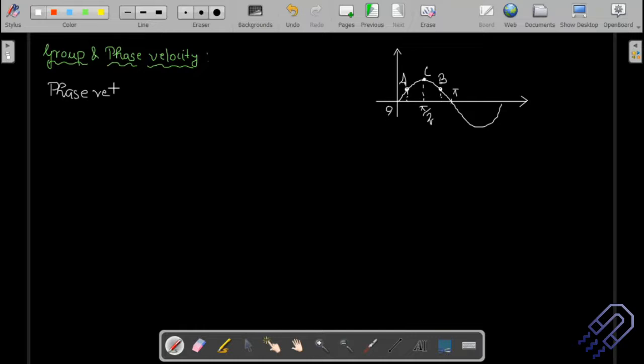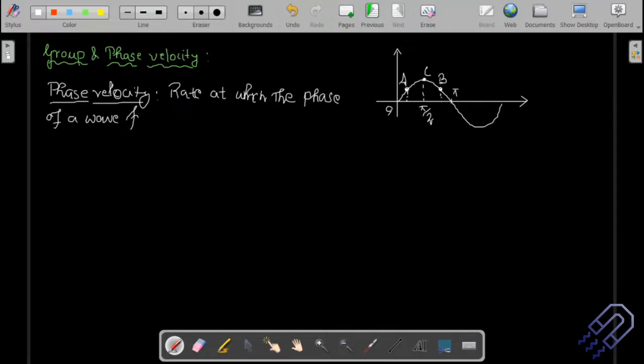So phase velocity, we'll start with phase velocity. It's the rate at which the phase of a wave propagates.